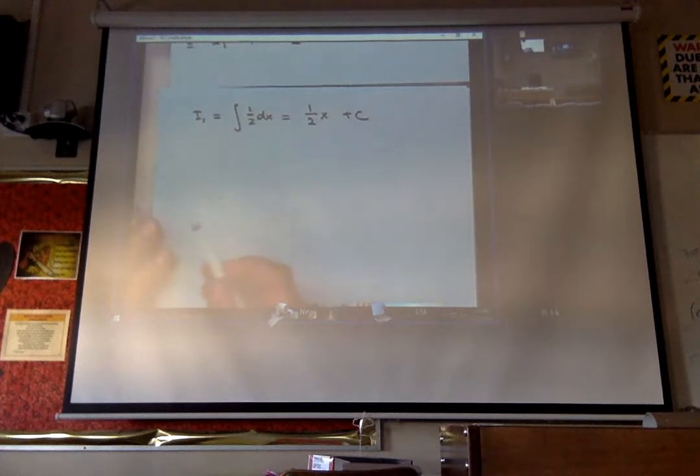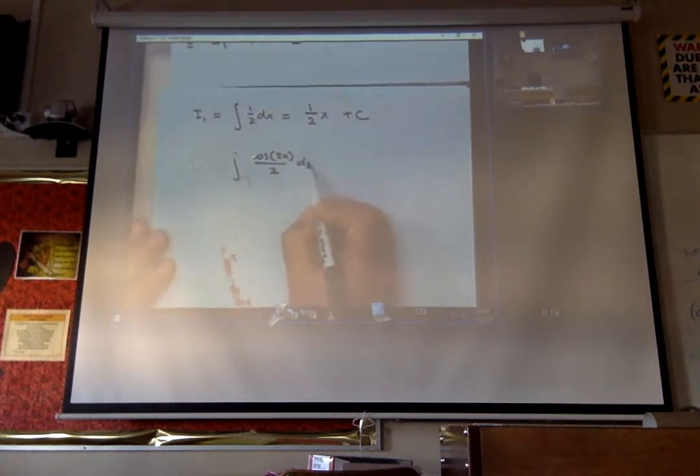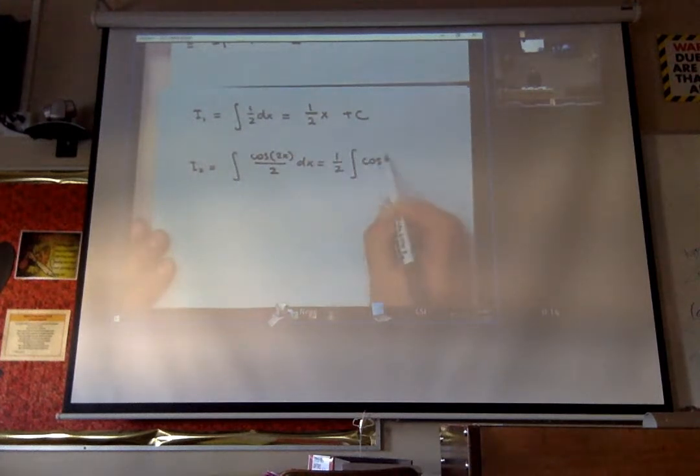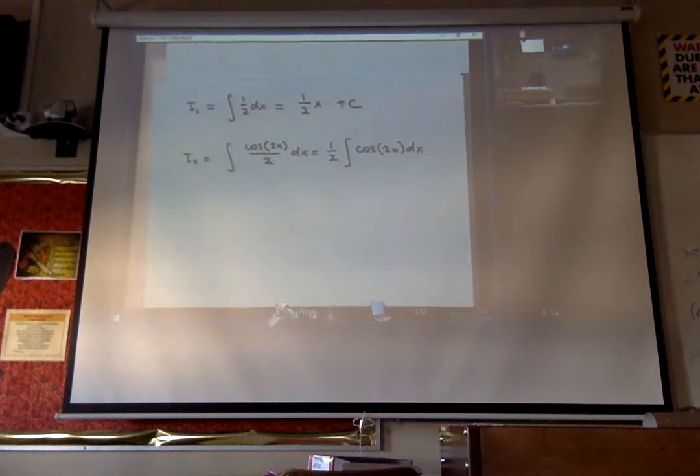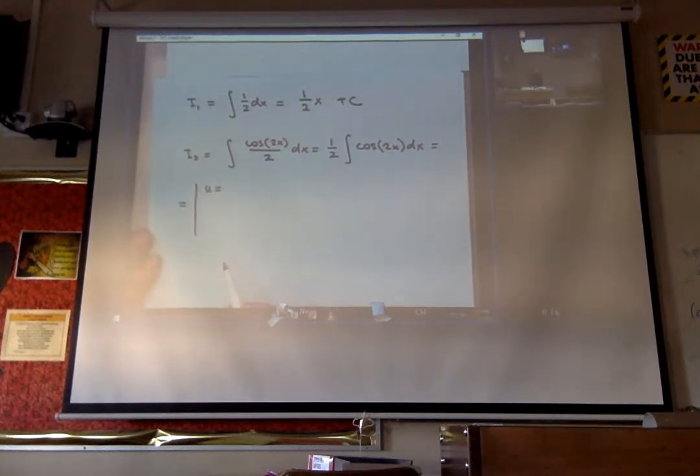Now, the second integral is the integral of cosine of 2x over 2 dx. Here you can pull out 1 over 2. Now, this one is the composition, okay? And we'll use a very simple substitution. So what is the substitution here? 2x, right.